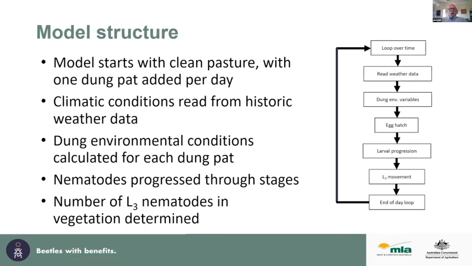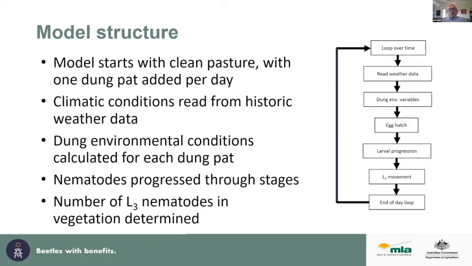The general model structure looks like this, where we start with a clean pasture, and we add one dung pat per day, and we'll step through 365 days as a starting point. We'll go through one year. For each day, we'll read the climatic conditions. We've got some pretty good historic weather data that will be very useful for this.